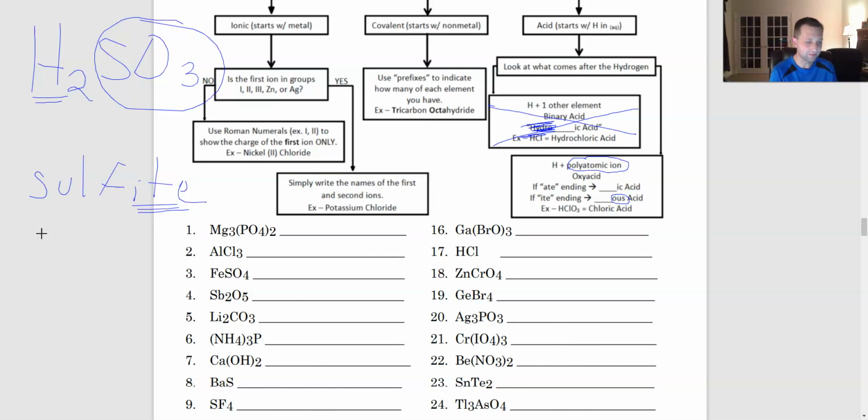Okay, let me see if my pen could get this to write here. All right, good enough. So it's sulfurous acid. All right, not hydrosulfurous acid, just sulfurous acid.